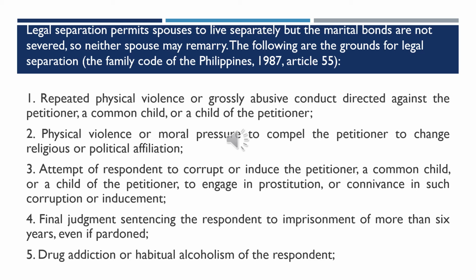Then, pangatlo, attempt of respondent to corrupt or induce the petitioner, a common child or a child of the petitioner, to engage in prostitution. So ngayon may mga gumagawa ng ganyan sa internet. Mas madali na lang ngayon. Number 4, final judgment sentencing the respondent to imprisonment of more than 6 years even if pardoned. So ang final judgment is 6 na taon na pagkakakulong. Number 5, drug addiction or habitual alcoholism of the respondent.